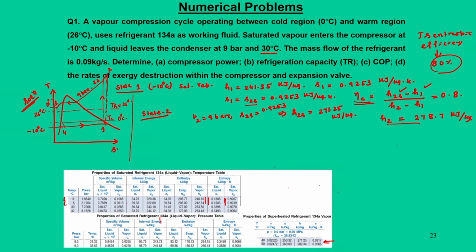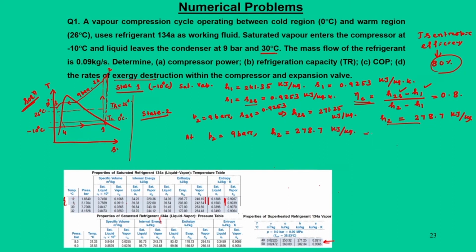S 2. Again we know S 2 S, but we do not know S 2. So, S 2 will be required for calculation of exergy destruction. So, from this we can now calculate at P 2 9 bar and H 2 278.7 kilojoule per kg.